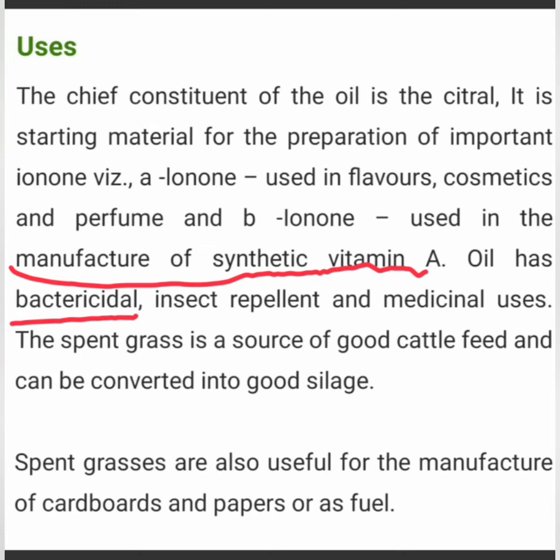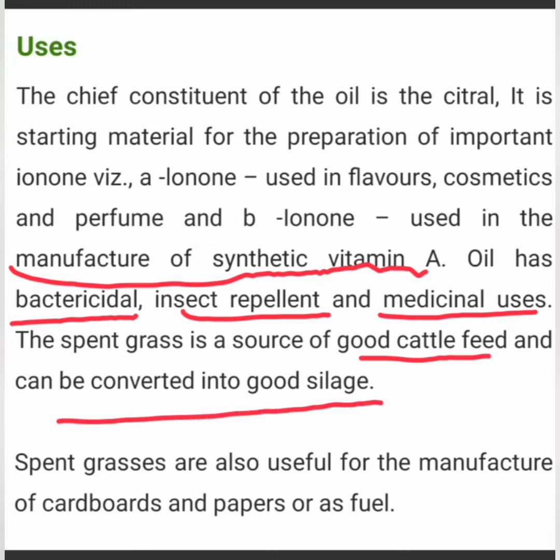It acts as an insect repellent, and it also has many medicinal uses, and it acts as a good source of cattle feed, and it can be converted into a good silage. The grasses are also useful for the manufacture of cardboards, papers, or as fuels.